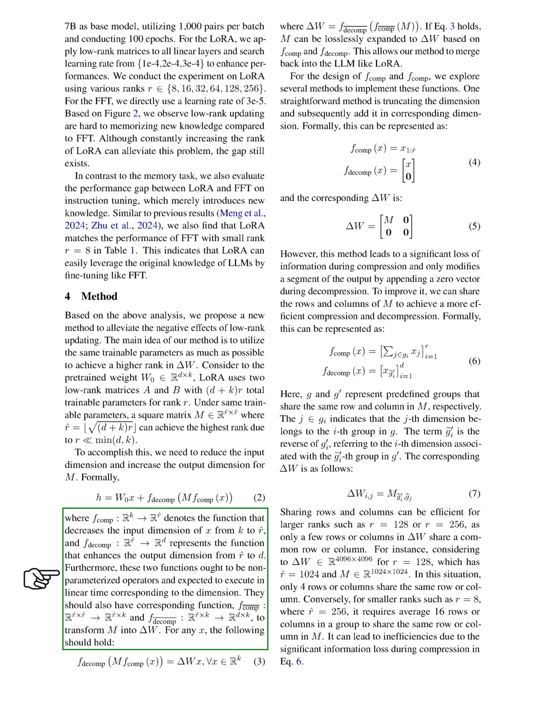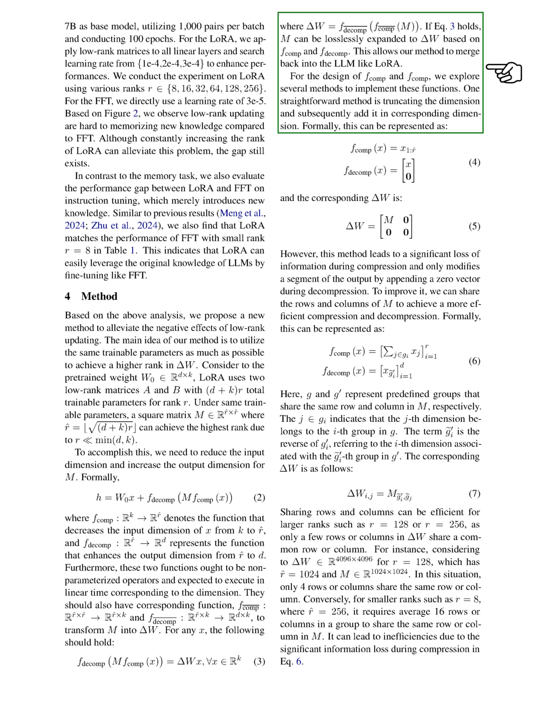To transform M into delta W for any input X, we ensure that delta W equals f̄_decomp(f̄_comp(M)). If this equation holds, M can be expanded losslessly to delta W using f_comp and f_decomp. This allows our method to integrate back into the LLM like LoRA.